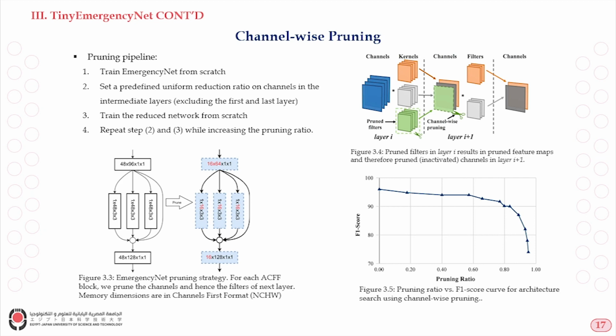Another important thing to notice is that with channel-wise pruning, when you prune a certain number of channels in the initial layer, it will affect the next layer in that it will reduce the filters in the next layer. And so it has a ripple effect. You reduce a certain number of channels, it reduces the next layers. And when we analyze the effect of increasing the reduction ratio in figure 3.5, with an increase in the reduction ratio, we were losing accuracy.